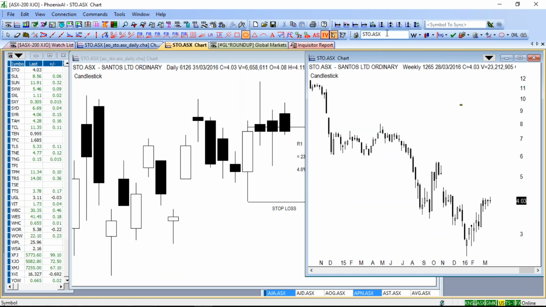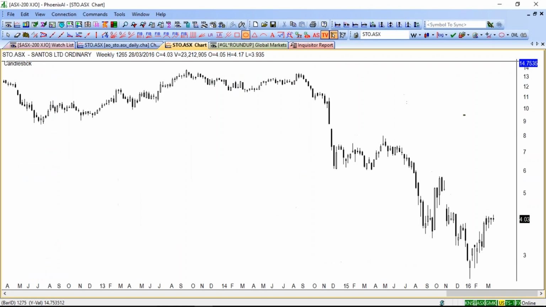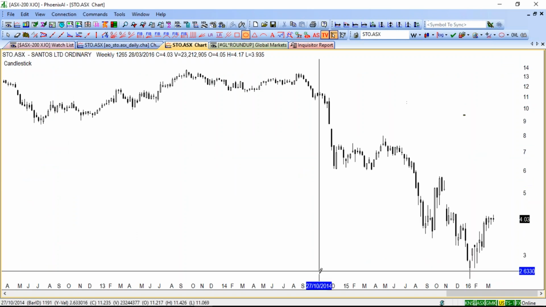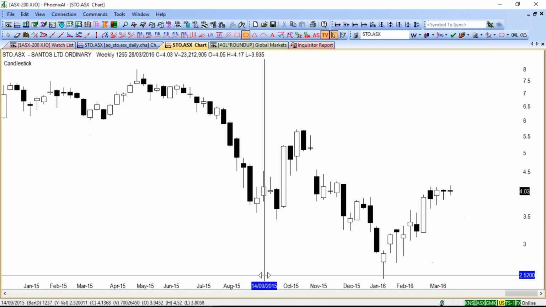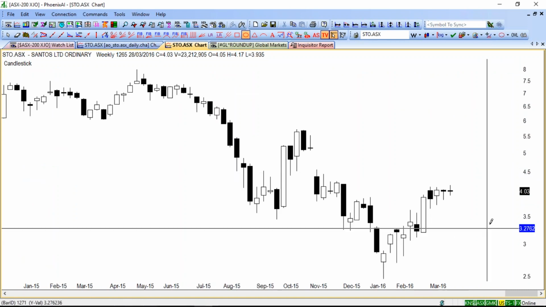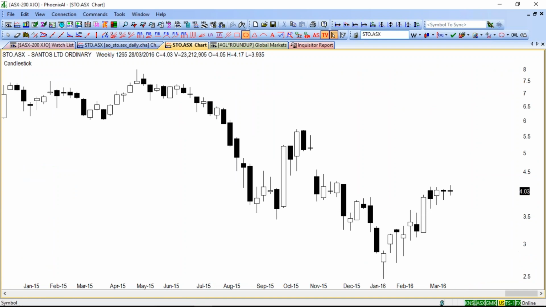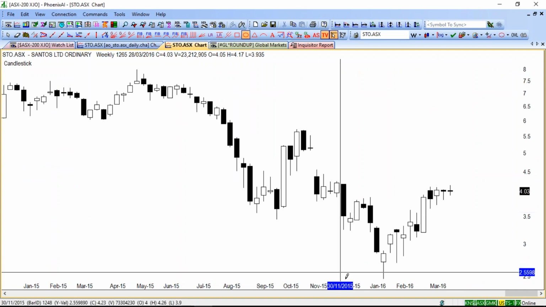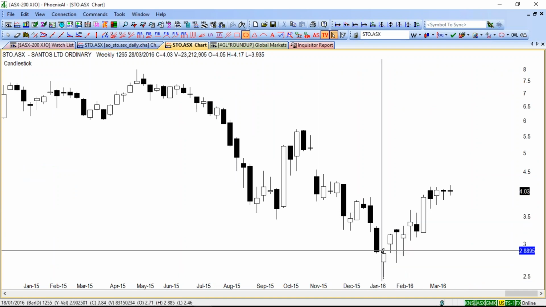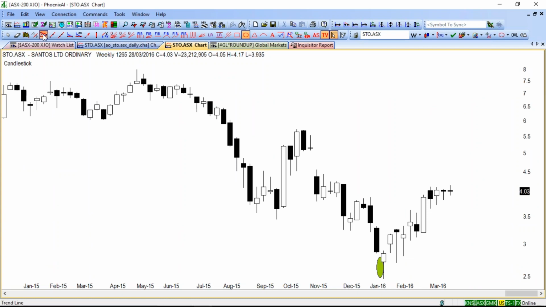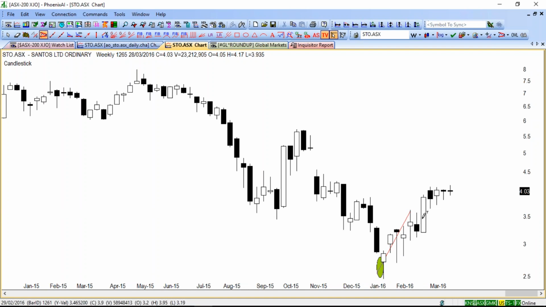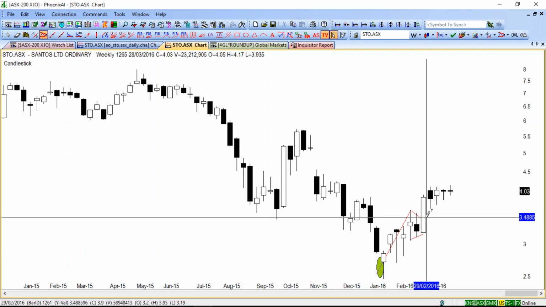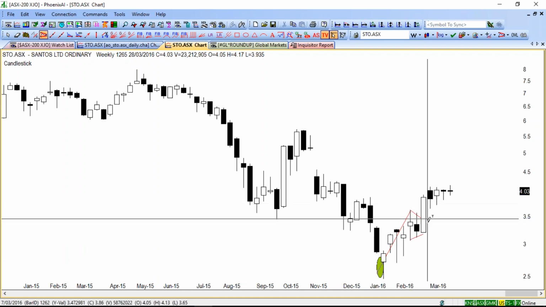In the background, as I said, there is the weekly chart of Santos, and you can see there's been a broad downtrend down through here. But something really interesting has happened on this side, in as much as we've had this spike low down the bottom here, and this really little secondary market in here, and then this major push on the weekly chart.